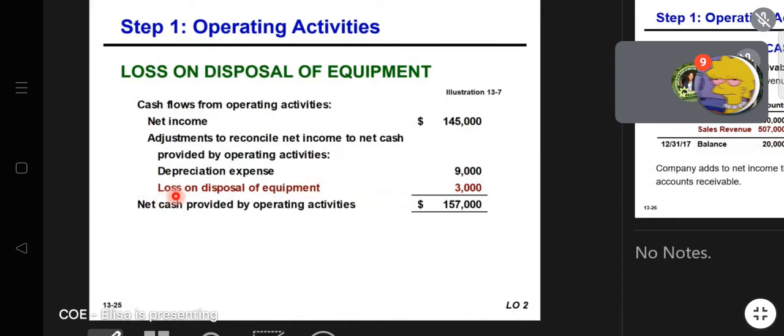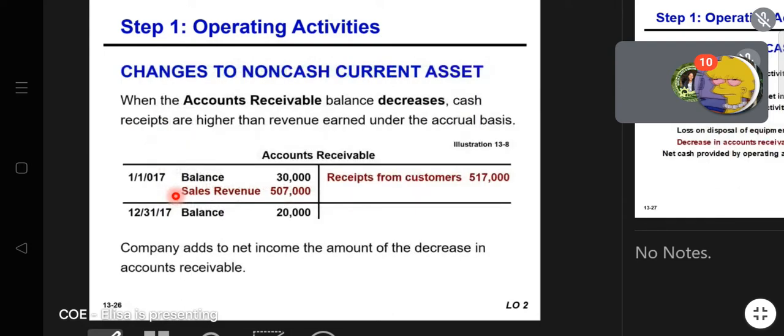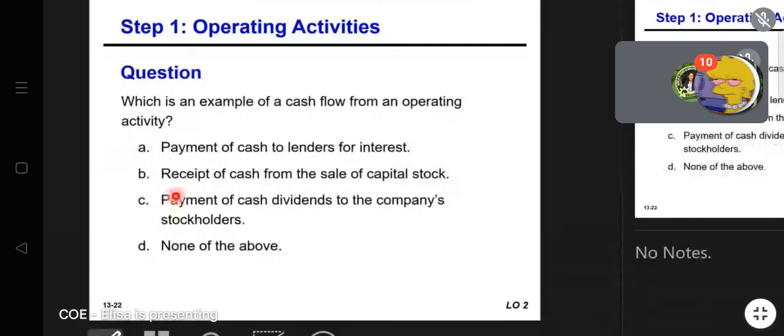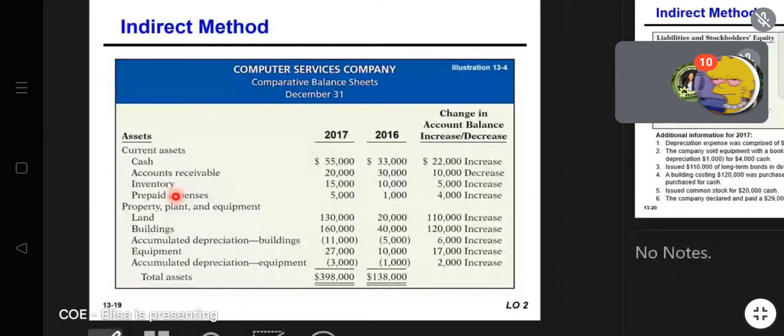So next, we look into the changes to non-cash current assets. Here, the current assets, but we will look into the non-cash ones, which are the AR, inventory, and prepaid expenses.